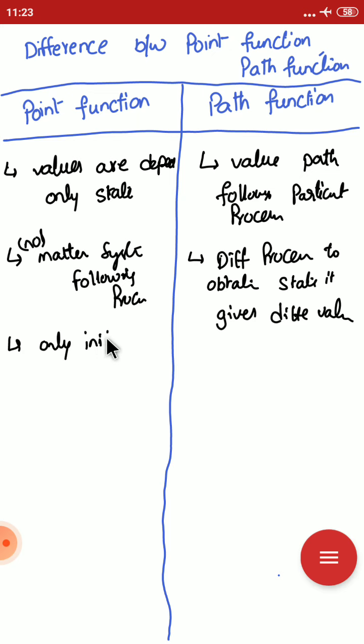For a point function, the initial and final states are enough; they are sufficient to calculate the value. But for a path function, we need to know the exact path followed by the process.